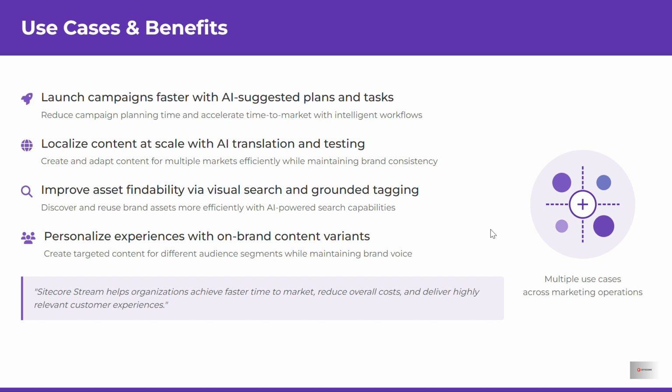You can localize content at scale with AI translation and testing, and adapt content for multiple markets. You can improve asset findability with visual search and grounded tagging, as we already discussed earlier. You can have a personalized experience with on-brand content variants, targeting a specific audience and generated through this AI platform.